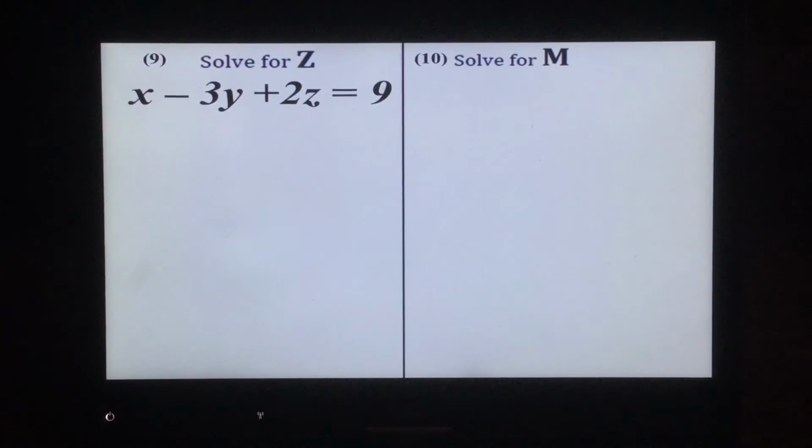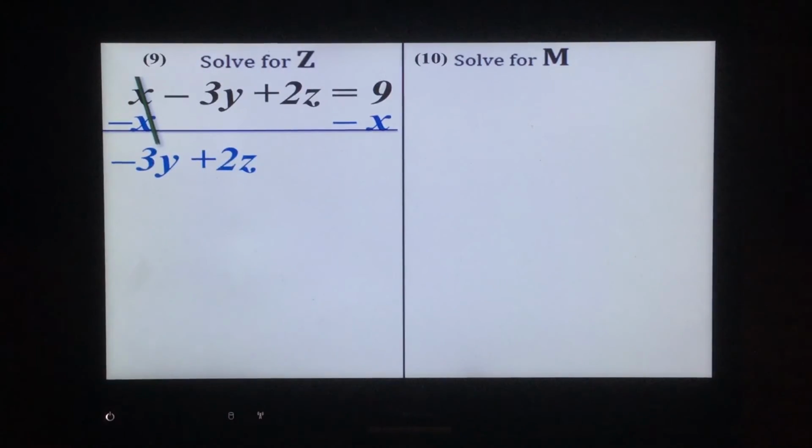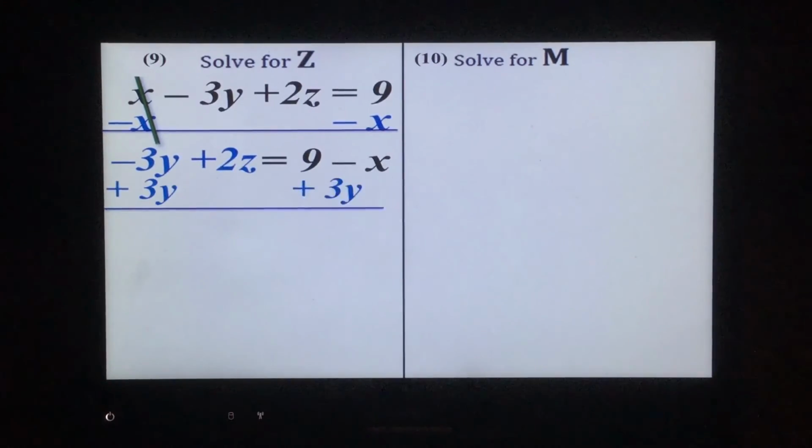Now for this one, I hope you guys got this. It was kind of tricky. We have x and we have negative 3y that we want to get rid of first. So I'm going to subtract the x. When you do that, everything comes down, and then you wind up getting 9 minus x. But then we also want to get rid of the negative 3y, so we add 3y to both sides. That cancels.